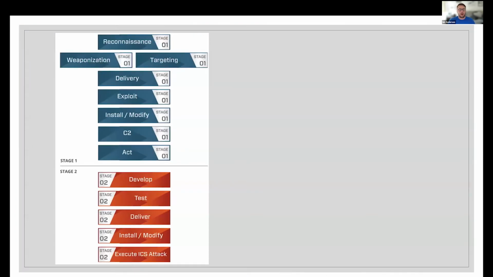So earlier I mentioned the ICS Cyber Kill Chain. This is it here on the left side of your screen. Notice there's two stages. There's stage one, which is basically the Lockheed Martin cyber kill chain. And for that, I think I owe Lockheed Martin $5. Then you have stage two, which is the ICS specific.